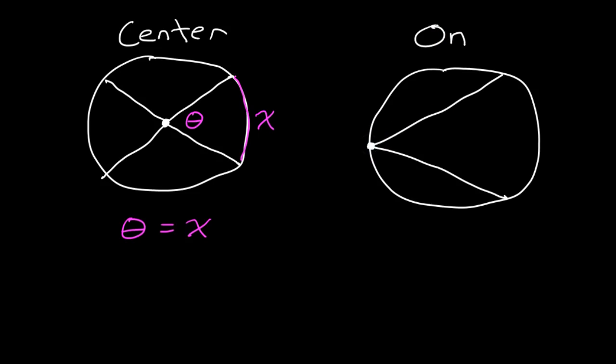And the relationship was this. If I call the angle theta, and I'm going to again call this arc out here x, in this case, the angle does not equal the arc. The angle is going to be half the arc. So that's the relationship when the vertex is on the circle, inscribed.